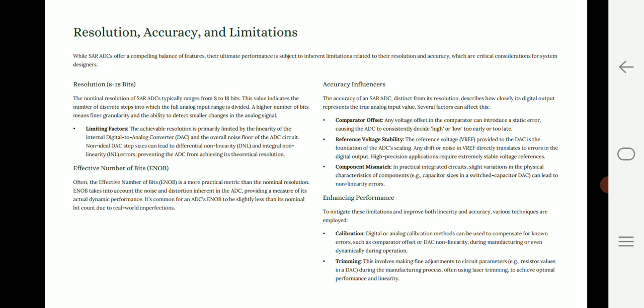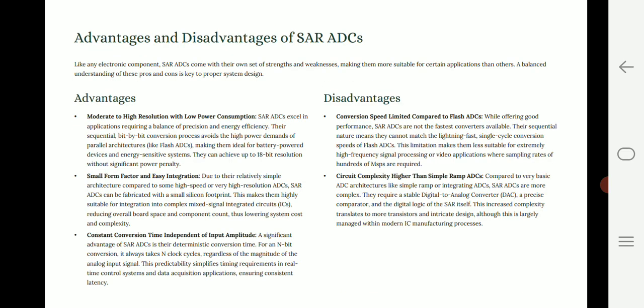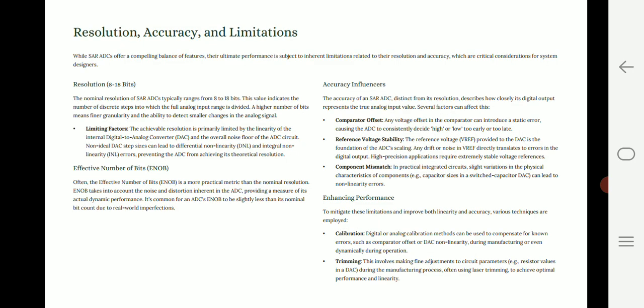Coming to the accuracy influencers, the accuracy of a SAR ADC, distinct from its resolution, describes how closely its digital output represents the true analog input values.